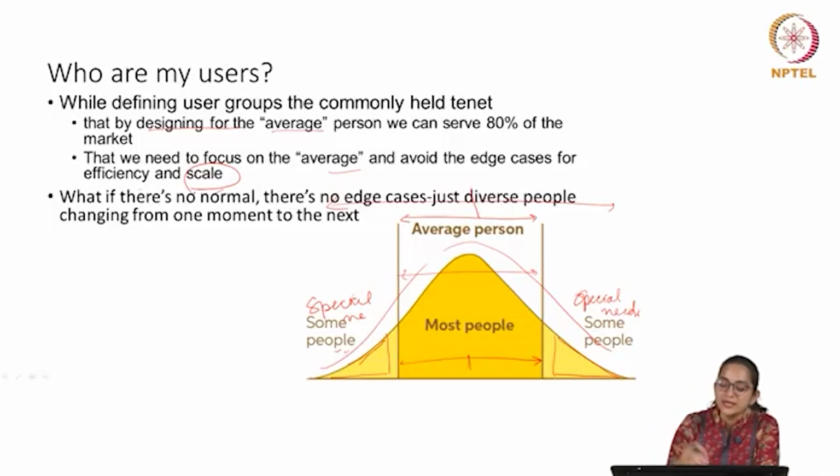And also in any of such graphs, we are mostly focusing on one of the parameters. Whenever you plot something, there will only be, say, one parameter which is plotted. And I think we've already discussed that any good user experience always looks at several parameters.